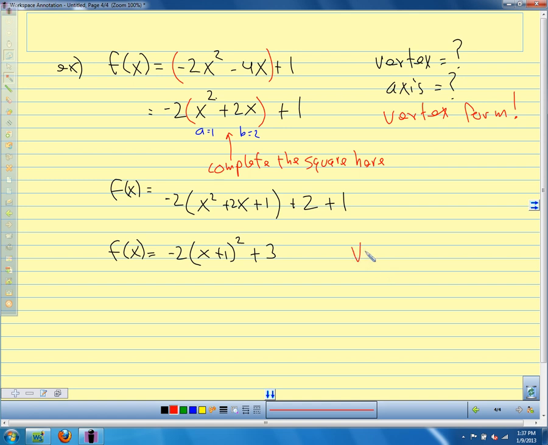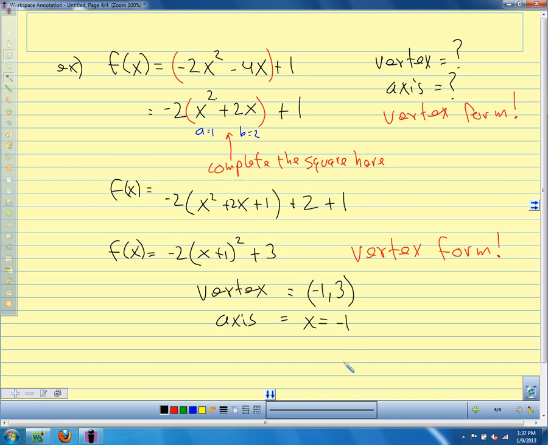Now we have it in vertex form. So for this parabola, what's our vertex? -1, 3. Our axis, x equals -1.